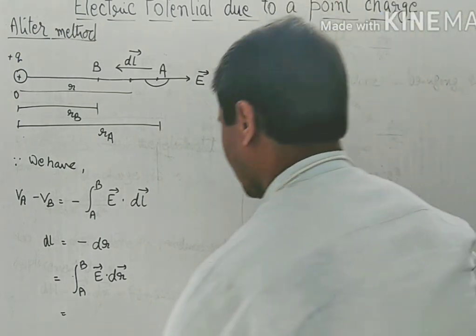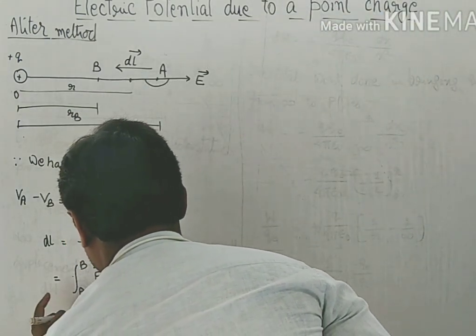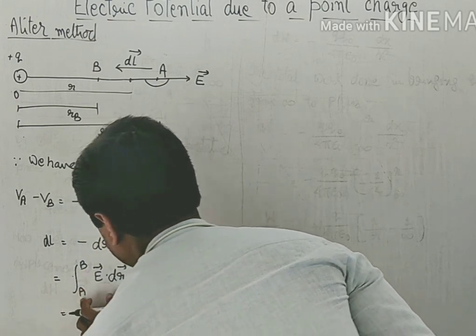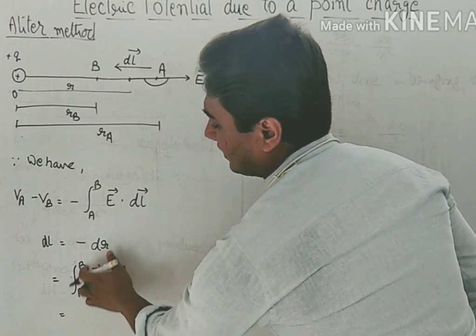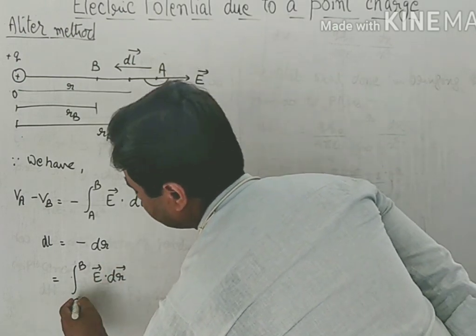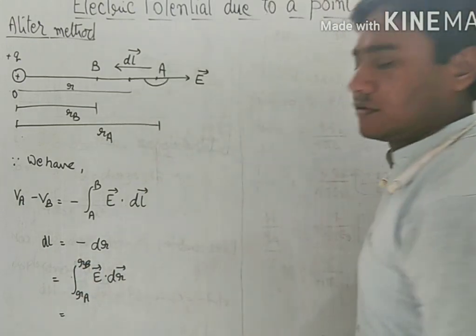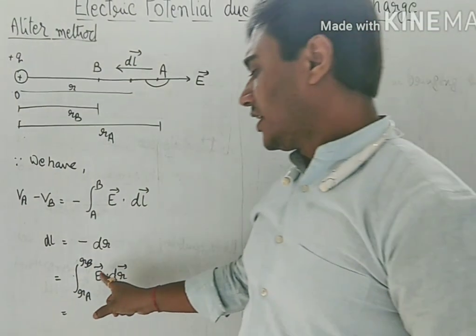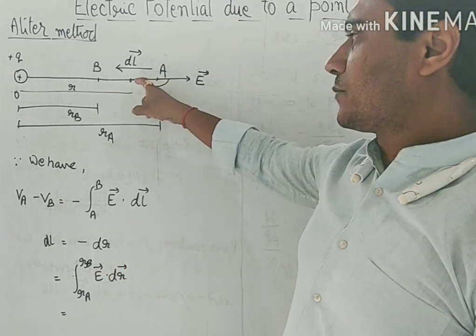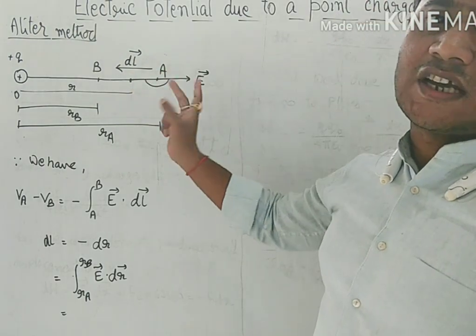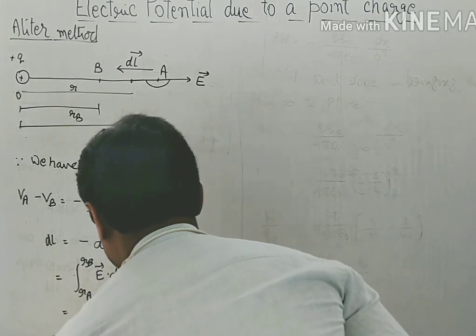Now further, as we are writing this to be dr, it is better to write these A and B in terms of distances. So that will be RA and RB. Fine with this? Now we will be writing the electrostatic field intensity at this position, and later just by integrating that we can have the potential difference.